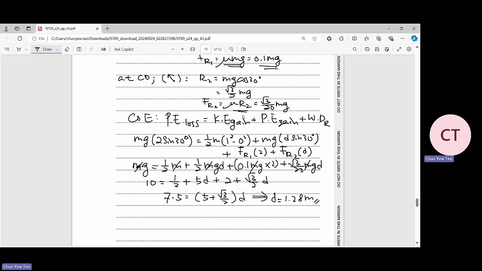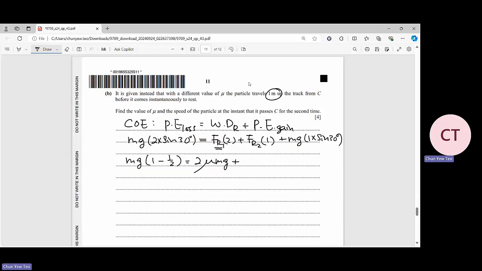FR2, R2 is 3 over 2 mg. Then equals to 2 plus 3 over 2.